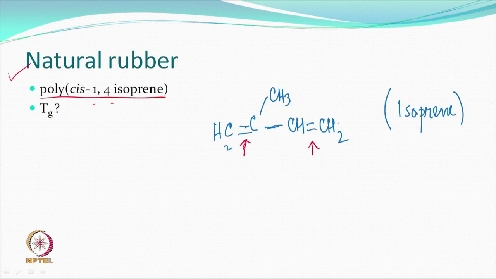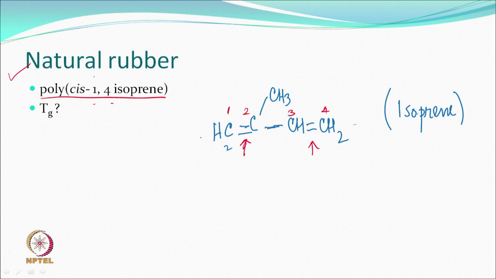You see, this is carbon 1, then carbon 2, carbon 3, carbon 4 of the main chain, and of course, it has a methyl group. Now, 1,4 means it will be starting from here to there, but there is a cis, that means this configuration has been fixed, and because of that the properties change.